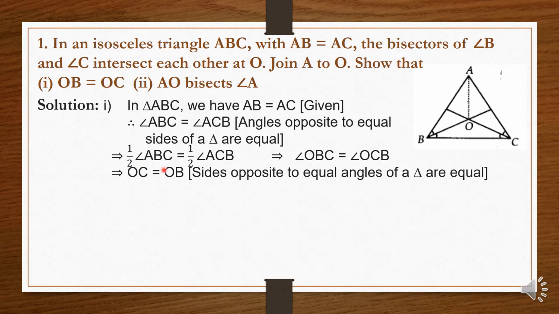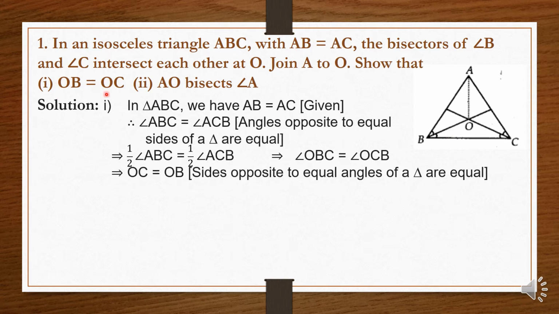Half of angle ABC is equal to angle OBC, because if we divide this particular angle, then we will get these two equal angles, because BO is a bisector. So both the angles are equal. So half of angle B, or half of angle ABC, is equal to ABO as well as angle OBC.